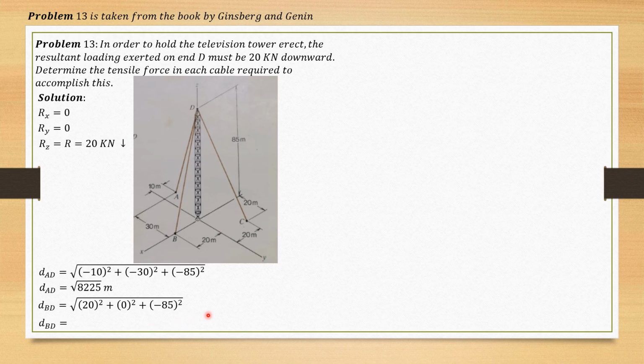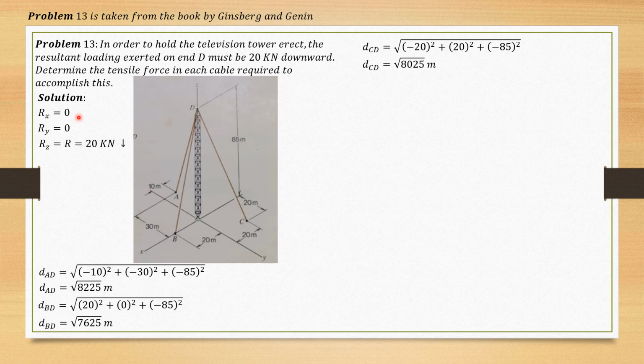Again, let's just compute the value inside the radical: square root of 7625 meters. Then distance CD, from D to C: X is negative 20, positive 20 along Y, then negative 85. So that would be the square root of 8,025 meters.